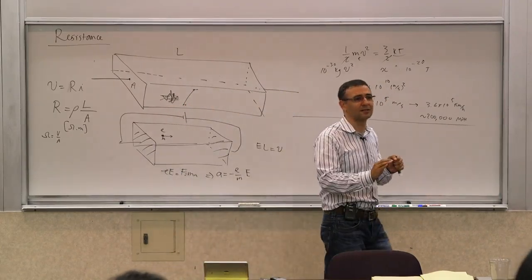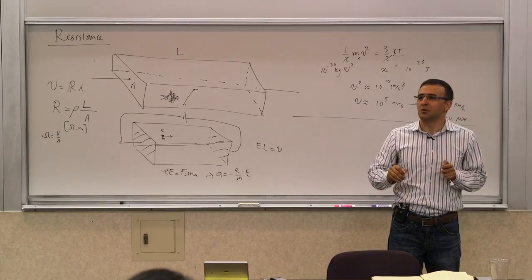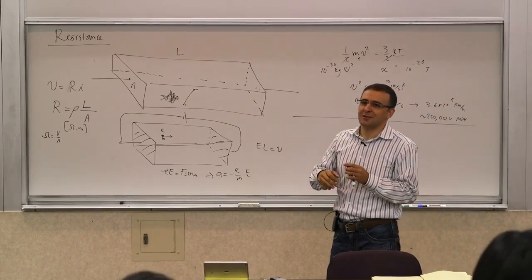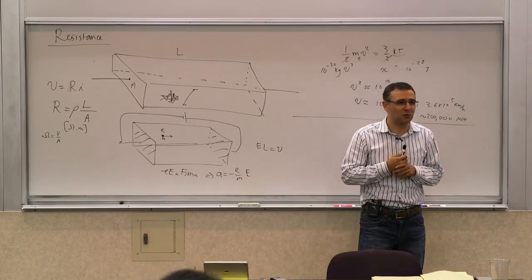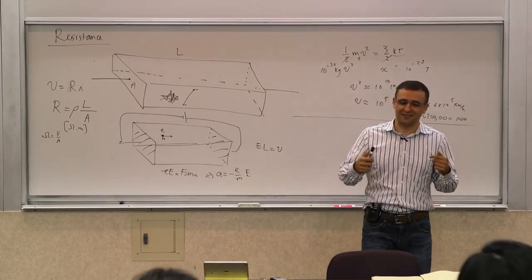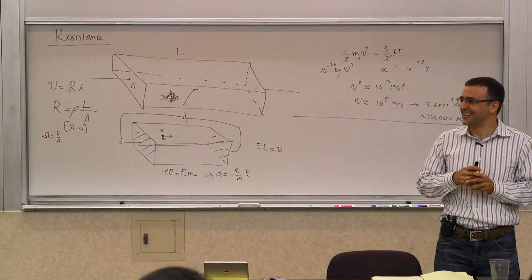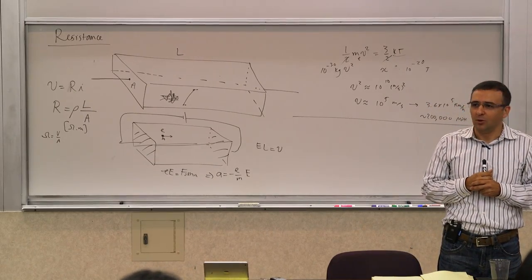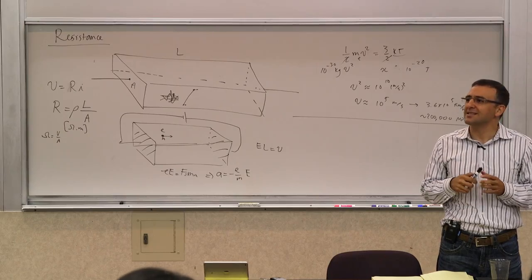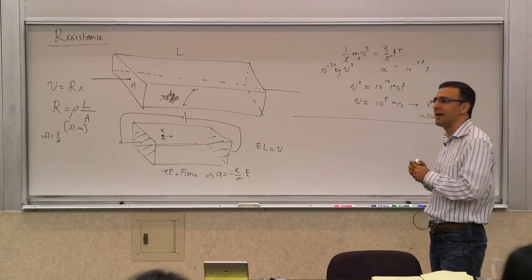So it's 10 to the 23 atoms per mole. So that's about 10 to the 23 electrons.